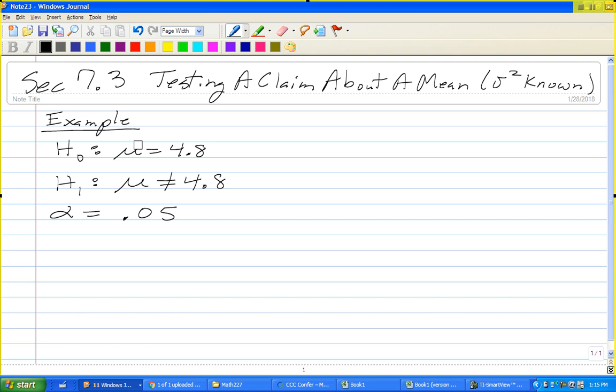We then go out and collect some data. And here's some data that they collected. The sample mean was 4.8. The population standard deviation was 4.7. And the sample size is 81.